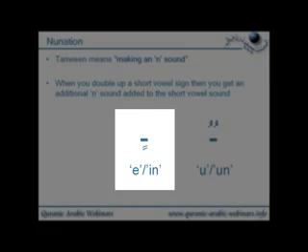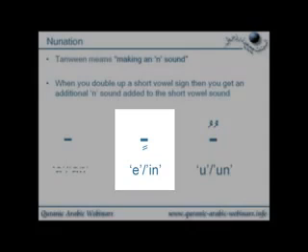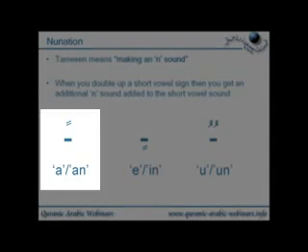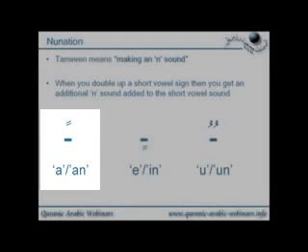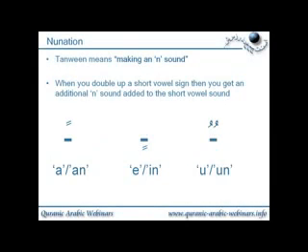The same happens with the kasra. Normal kasra gives an E sound. If you double it up, you get an In sound. So you just add an N to the E sound, in. And if you double up the fatha, you get an An sound, adding an N to the A sound. So we have Un, In, An.